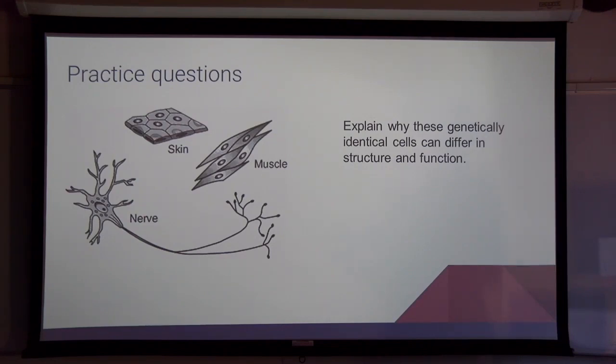That's because the temperature, the environment can influence how genes are expressed, how they show up. And so it's the same thing here. Even though they have the same genetic information, based on where they were located, different genes were expressed. And that's why these cells have different shape and carry out different function. Very important question, guys. So you want to review this one if you weren't sure about it before.